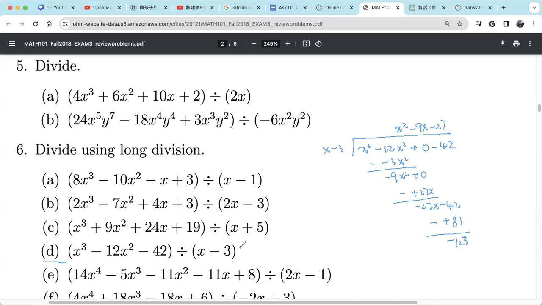So the answer for this one, we have a remainder also. We write as x squared minus 9x minus 27 minus 123 over the divisor x minus 3. So this is a quotient, this is a remainder.